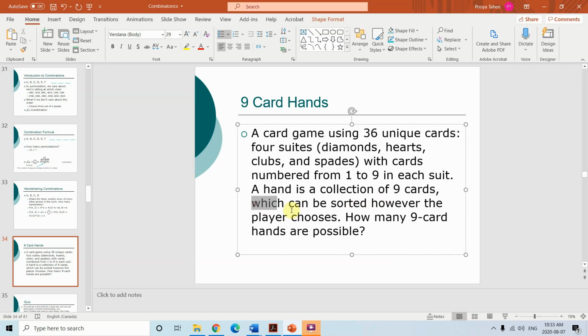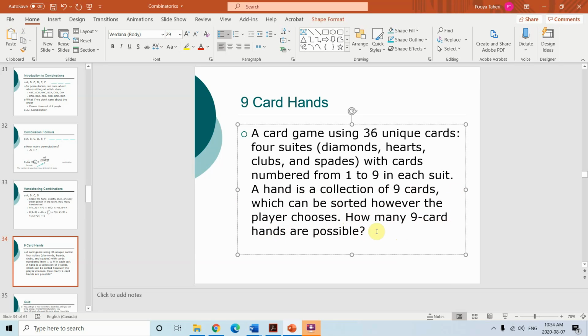So this statement shows that we don't care about the order, because they can be ordered any way the player wants. How many 9-card hands are possible?